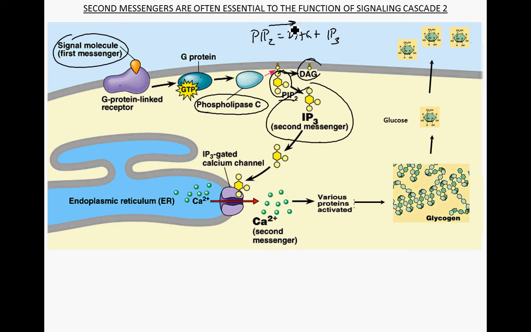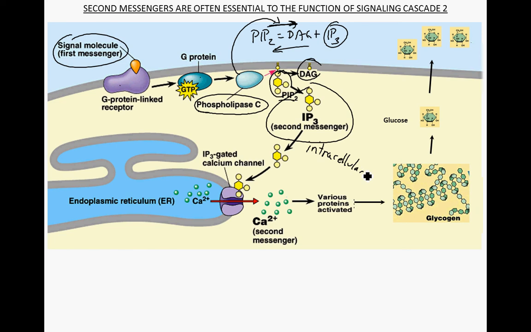So this PIP2 thing is equal to DAG plus the IP3. When we go this way, we release this second messenger IP3. When we go back this way, we just make this PIP2 thing here. So the enzyme phospholipase C is catalyzing this forward reaction of changing the PIP2 into this IP3. What's the big deal? The big deal is that this is another example of an intracellular molecule that will then go and do things.